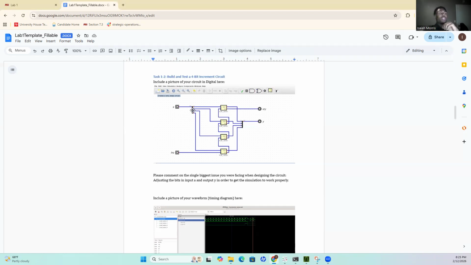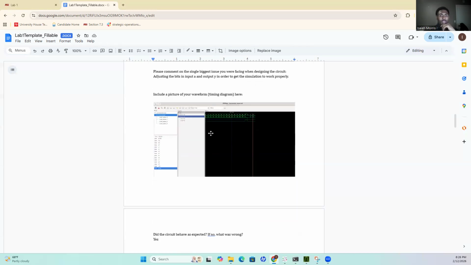The key things going on are, I think, they're called splitters, something close to that. And for the waveform, the output always equals input plus one.